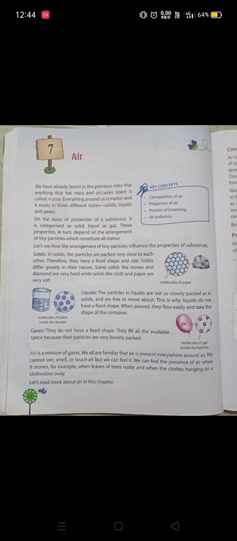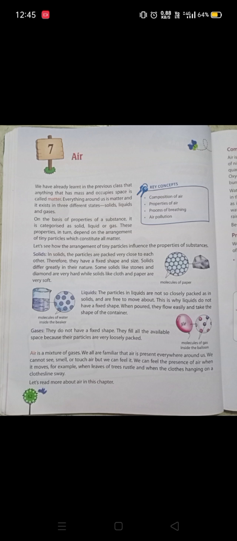On the basis of properties of a substance, it can be categorized as solid, liquid or gas. So by seeing the object also, you can categorize it as solid, liquid or gas. These properties in turn depend on the arrangement of tiny particles which constitute all matter. Now, on what do these properties depend? They depend on the arrangement of tiny particles which constitute all matter.